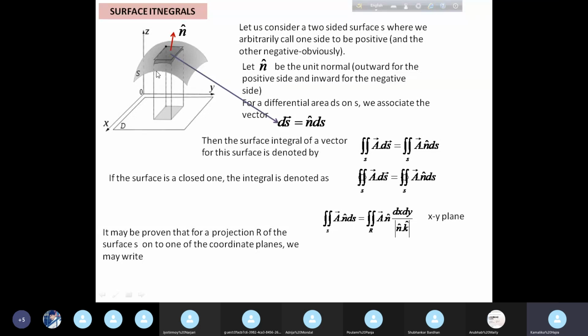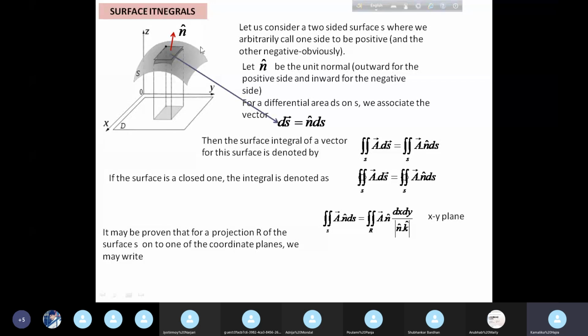Now what is R? First of all, let us understand what is the projection. How do you find the projection? Basically, in very lame language, a projection means a shadow. So suppose this is your surface here, and you are considering this infinitesimal rectangular surface ds.